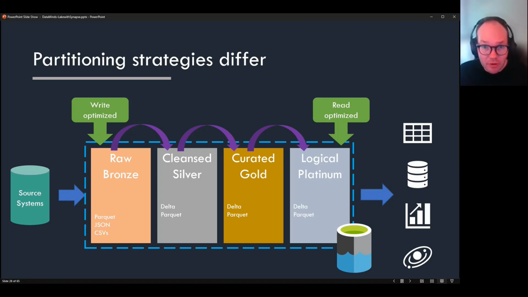Don't do it too often, but just accept that a month, maybe 2 months after implementing this, you'll start to realize that maybe you could partition data differently. And so that's just part of the process. It's part of learning how your users and your various tools are leveraging the data lake. And it is what it is. In the same way that you might decide to re-index a SQL environment.